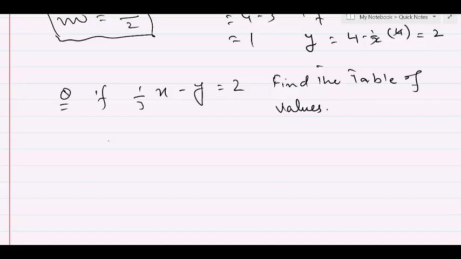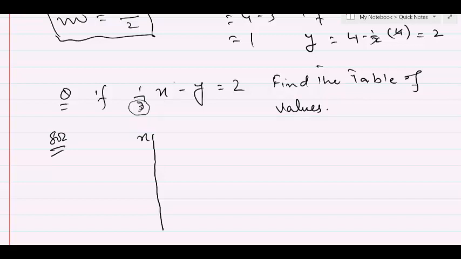So let's make a table for x, and like I said before, we are perfectly fine if we choose values of x like 0, 1, 2, 3, but we will be much more at ease if we choose values of x which are multiples of the number in the denominator with x, because that way it will give us integral values for y.